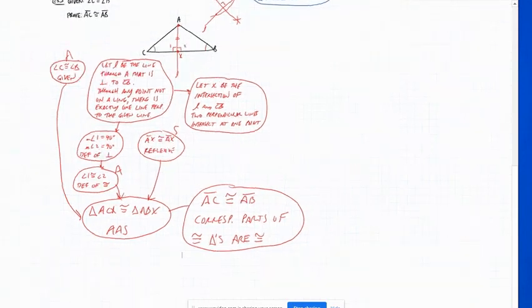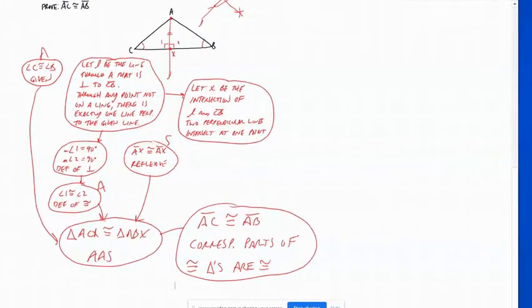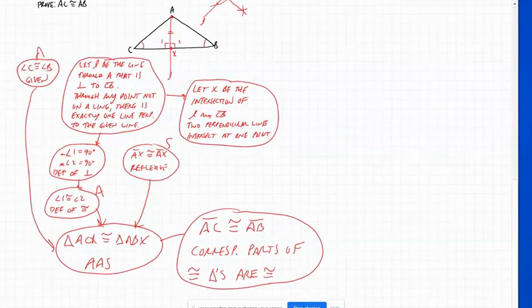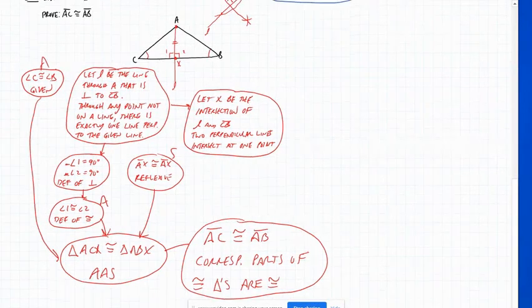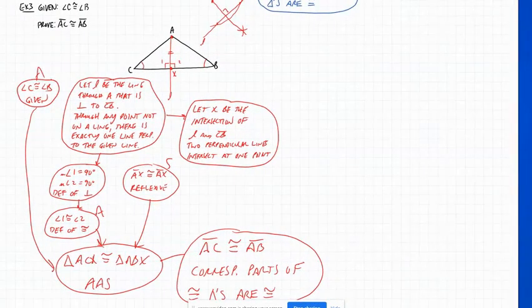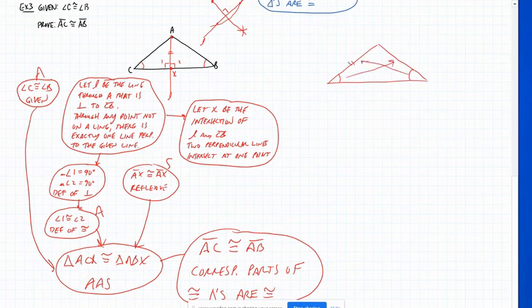Okay, so that one took a little bit of time and maybe some different techniques than we've used in the past, but this is a really important result. Think about what we started with: if we start with a triangle and it has two angles that are the same, then that leads us to the conclusion that the sides across from them have to be the same as well.